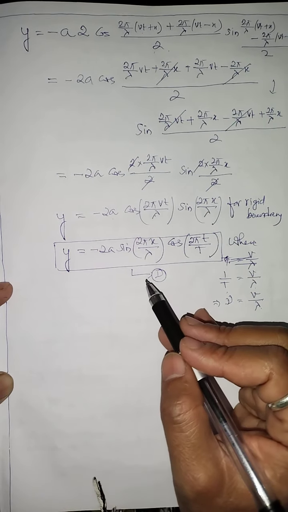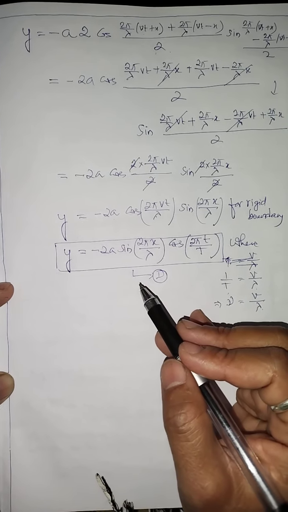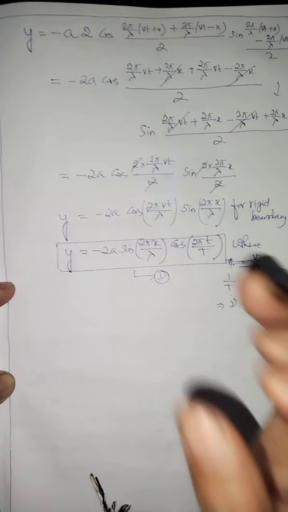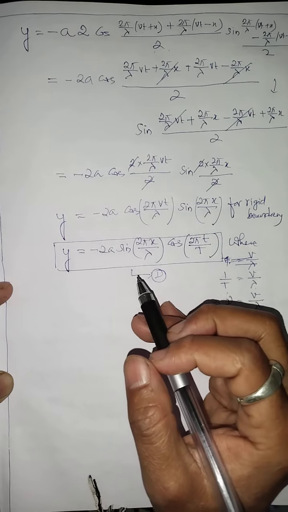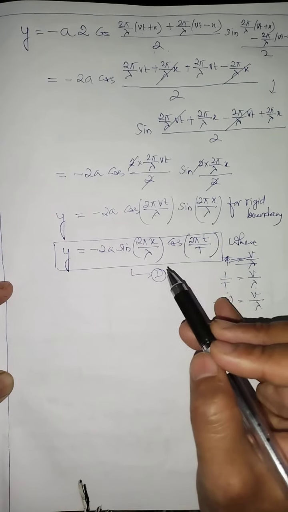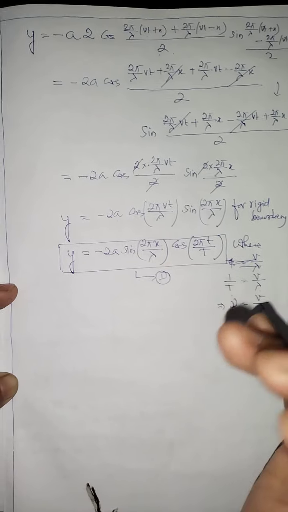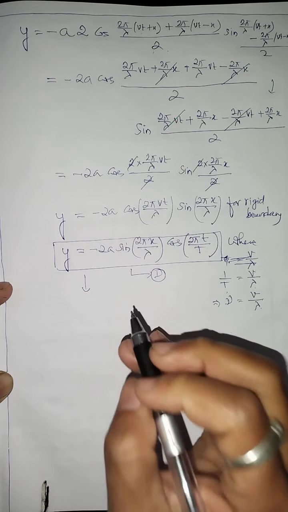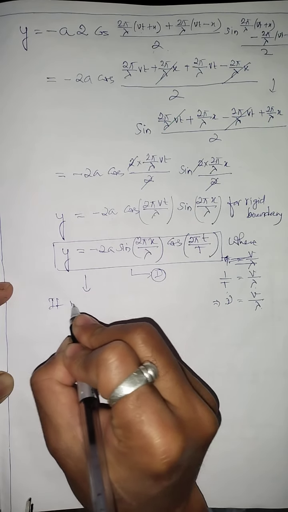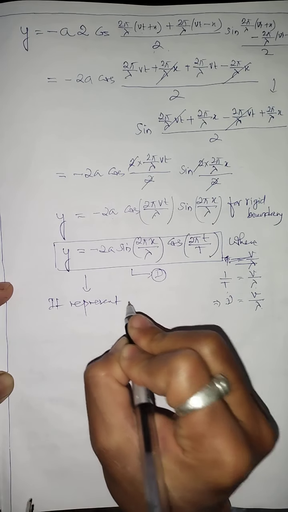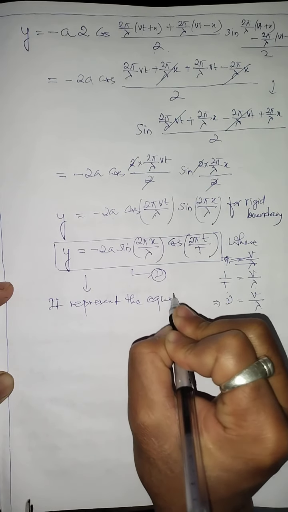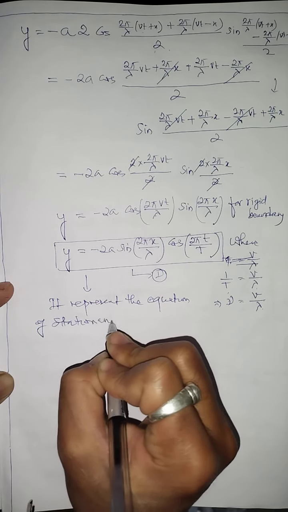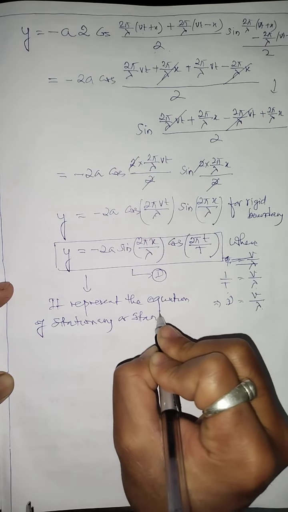Now as for this equation 1, you see that the arguments of the trigonometric functions involved are not in the form of bt plus minus x. That means it does not represent a traveling harmonic wave. It simply represents the equation of a stationary wave, also called a standing wave.